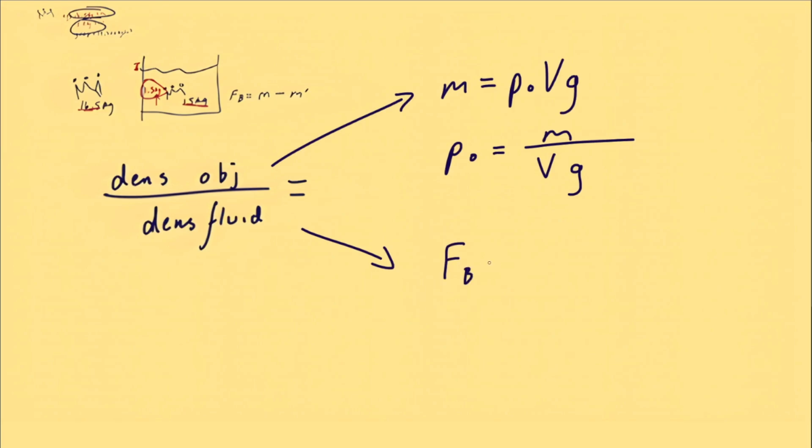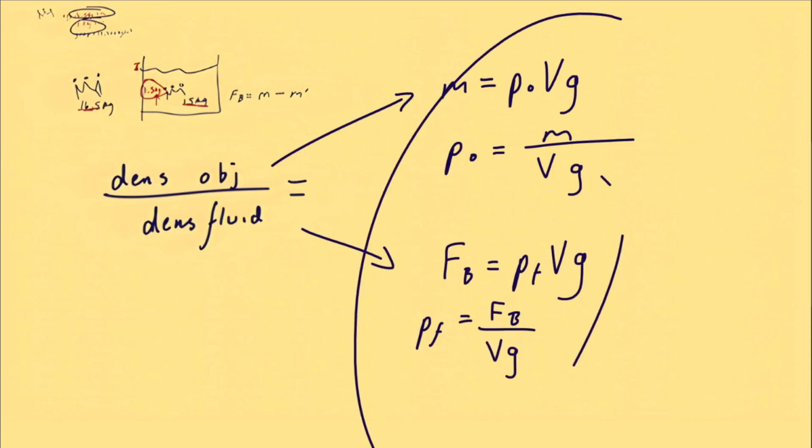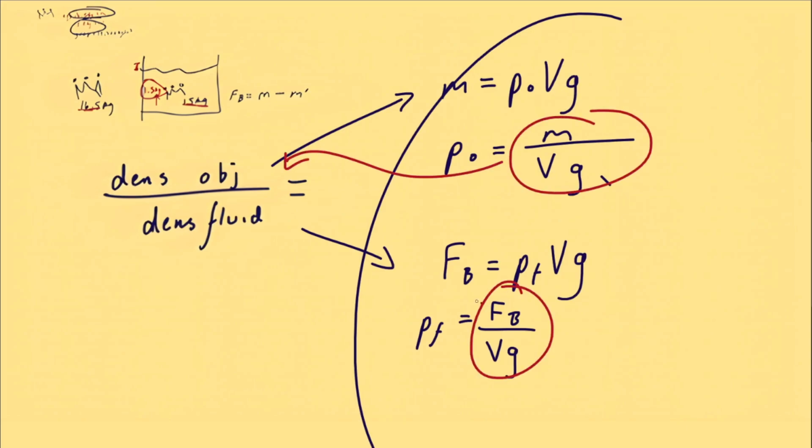The buoyant force equation has fluid density. So do the same thing as you did up here, divide by Vg, and you get Pf isolated. So the density of the fluid is the buoyant force divided by Vg. How do I know this? Get the cheat sheet.